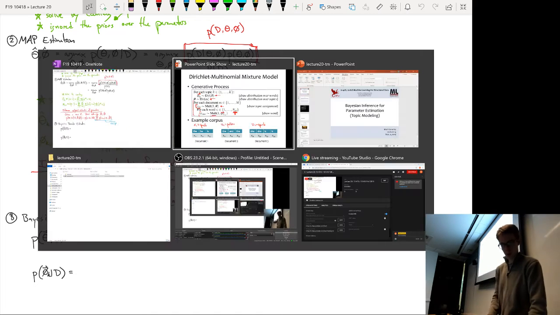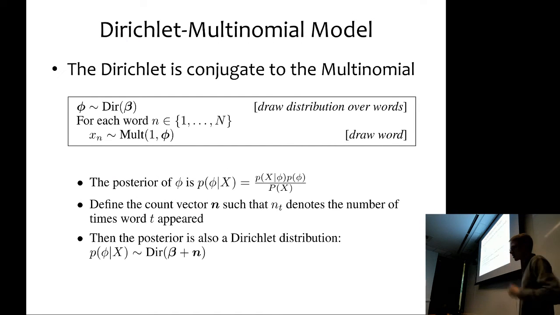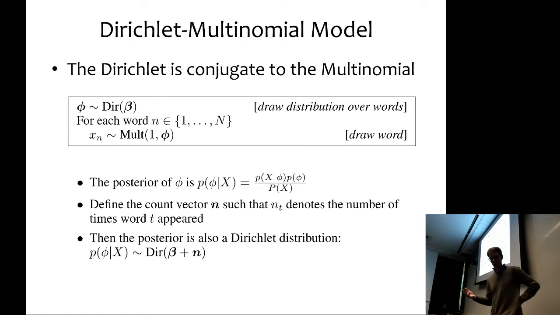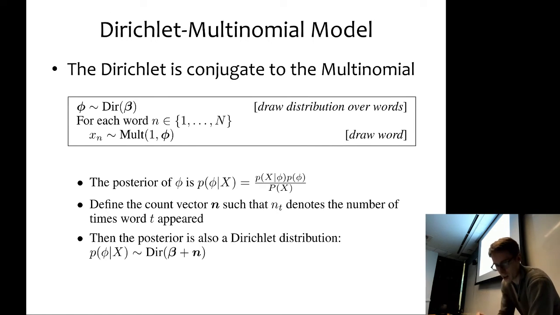Okay, so here's where things get interesting. It turns out that the Dirichlet distribution is conjugate to the multinomial distribution. Okay, what does this mean? It means that the posterior, and now I'm going to change the notation on the slide to be for the general case here.